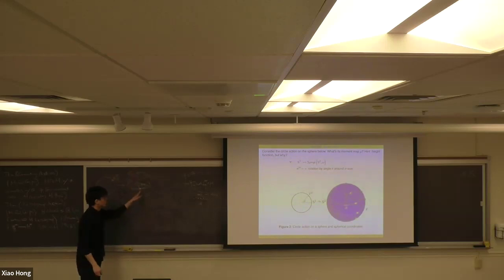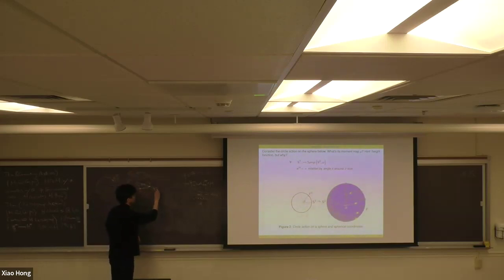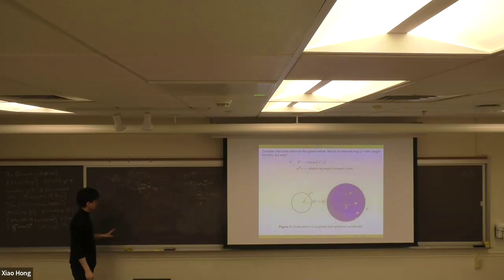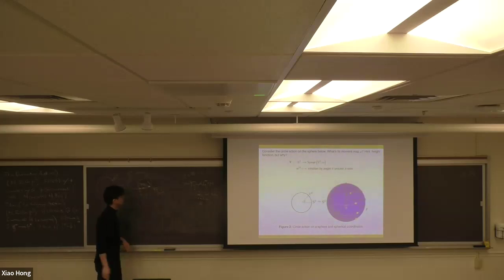So if this is a point on the sphere, after the action it is positioned as here. So we can observe that the height of the original point and the new point are the same. So the height is preserved. And this hints to us that the moment map mu for this action is just the height function.